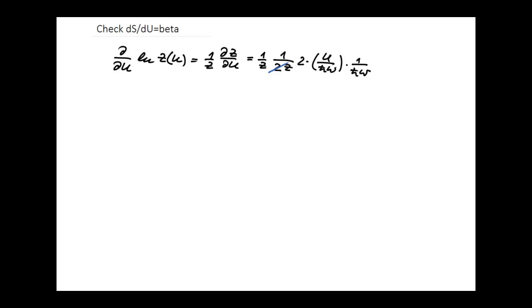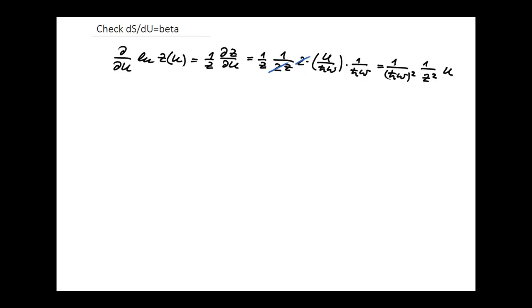The 2 cancels out, and we are left with 1 over (h bar omega) squared. Then we have a 1 over the partition function squared, and we have u itself. So this is the partial of the log of z with respect to u.